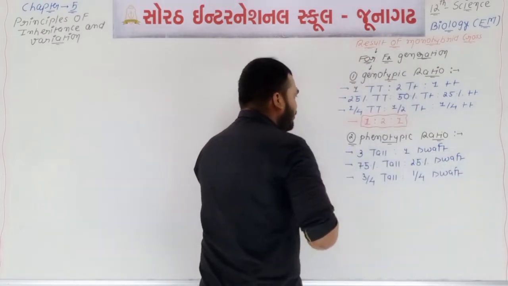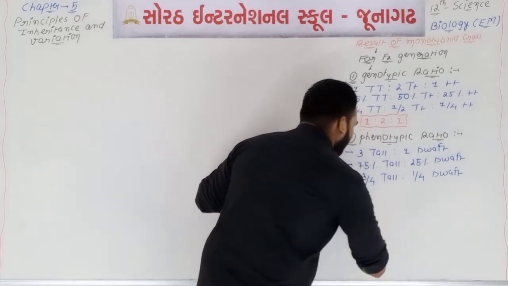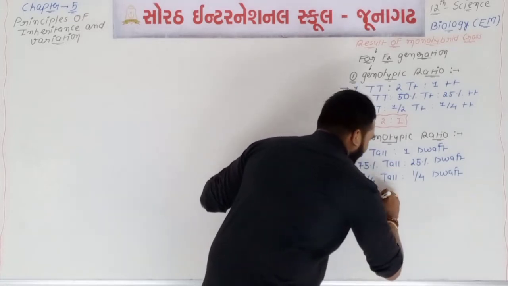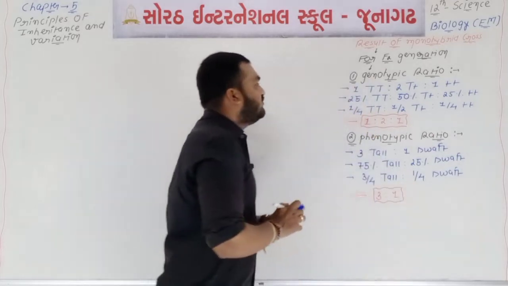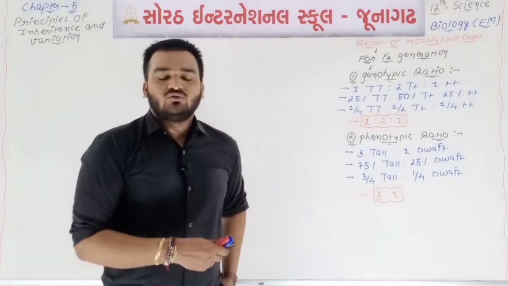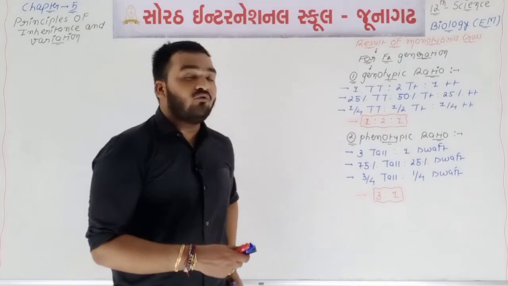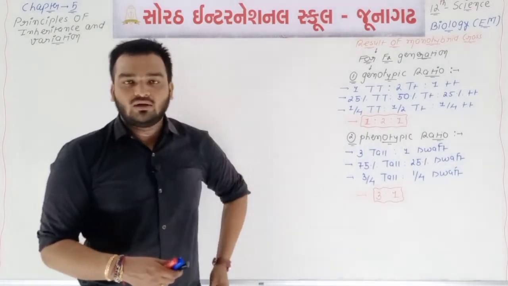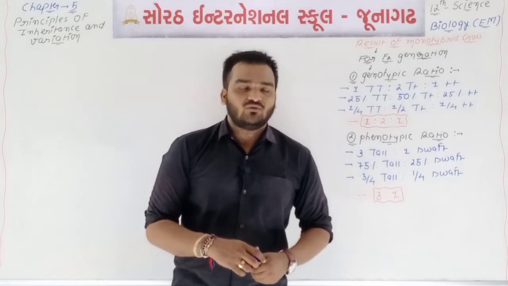In short, you will remember that the phenotypic ratio is 3:1. Both of these are the result of the F2 generation for the monohybrid cross, which is used for understanding the inheritance of one gene.